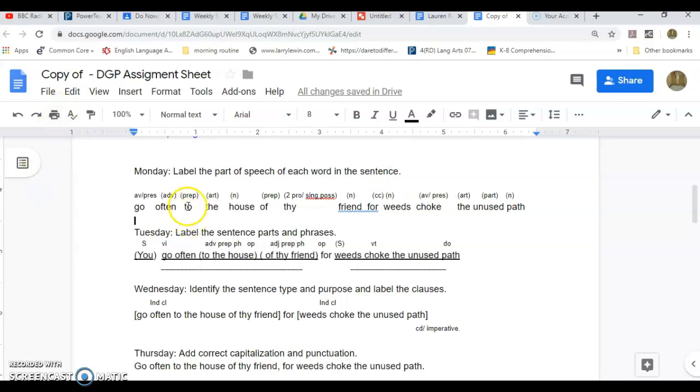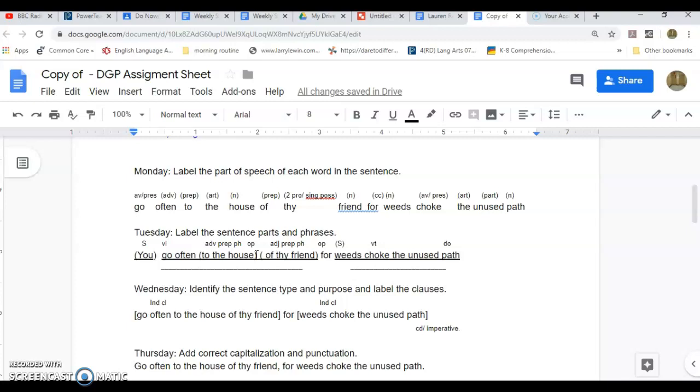So if you've identified to as a preposition, then you're going to put a parenthesis right behind to, and then you're going to close that parenthesis right behind the word house, because to the house is your prepositional phrase, right? Yes, it is. To is a preposition. Well, what's the object of the preposition? To what? House. Very good. So house is the object of the preposition.